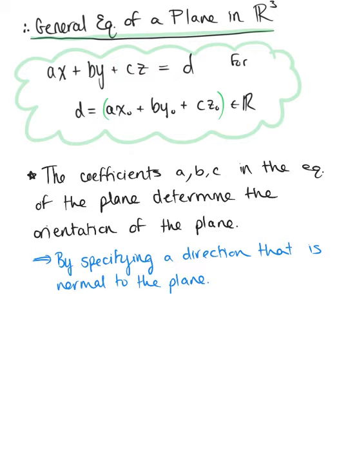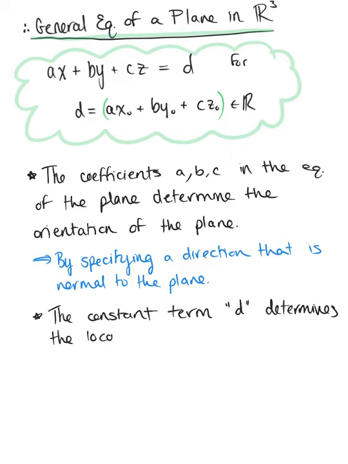Now, in addition to this, I want you to note that the constant term d determines the location of the plane. So the constant term d determines the location of the plane in space.